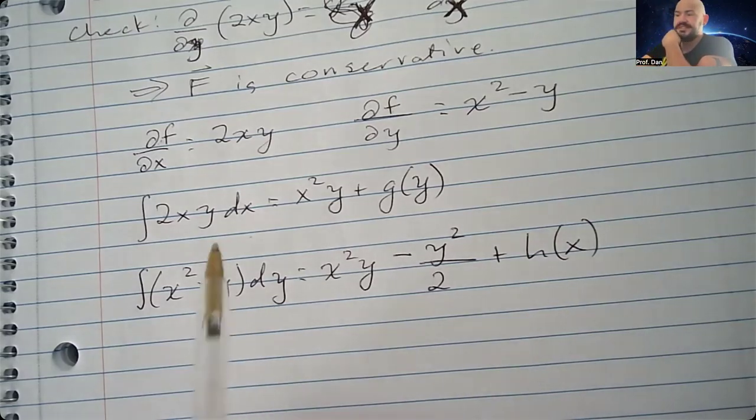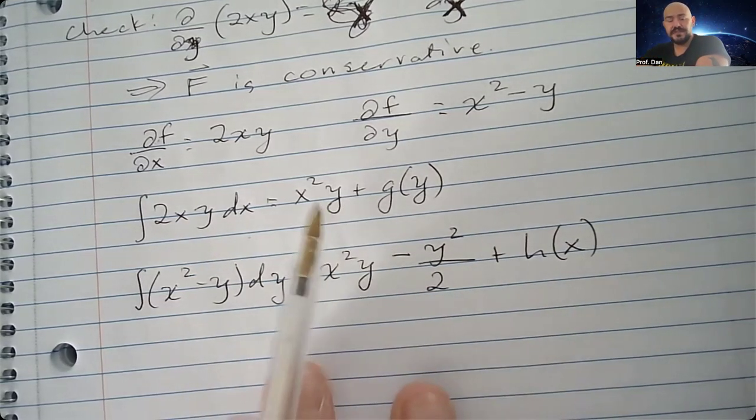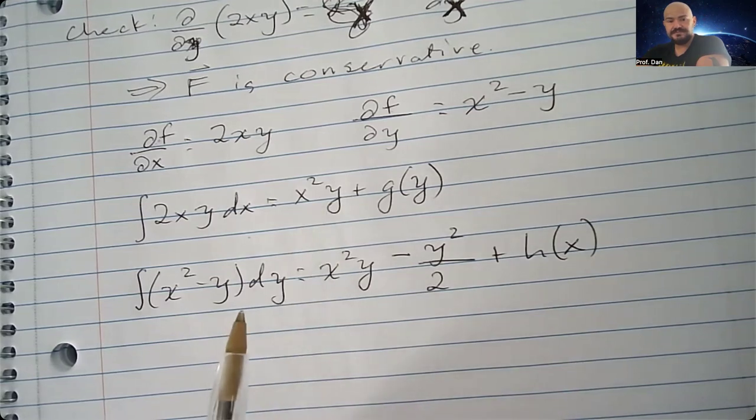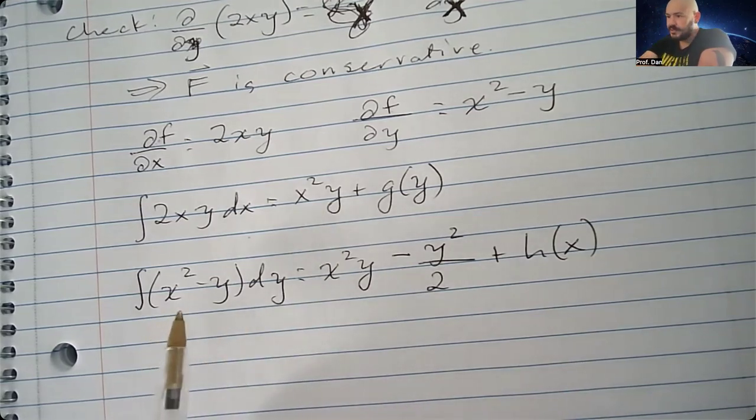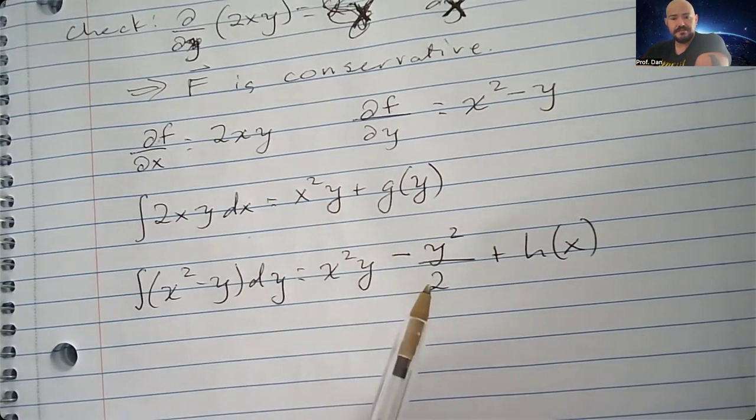But since I already took the integral with respect to x, this is the only involvement that I'll get from x. When I take the integral with respect to y, this is all the involvement that I'll get from y.